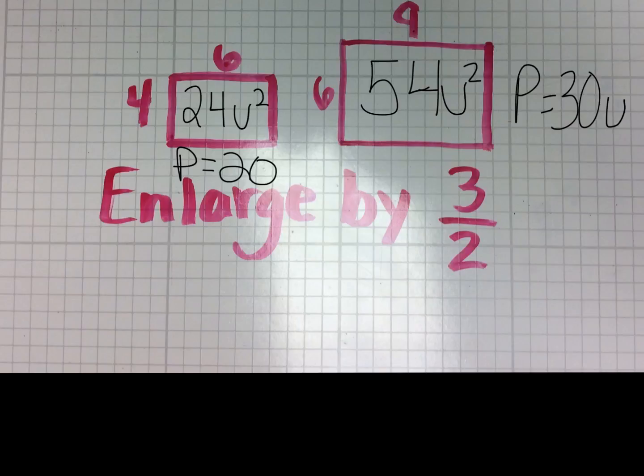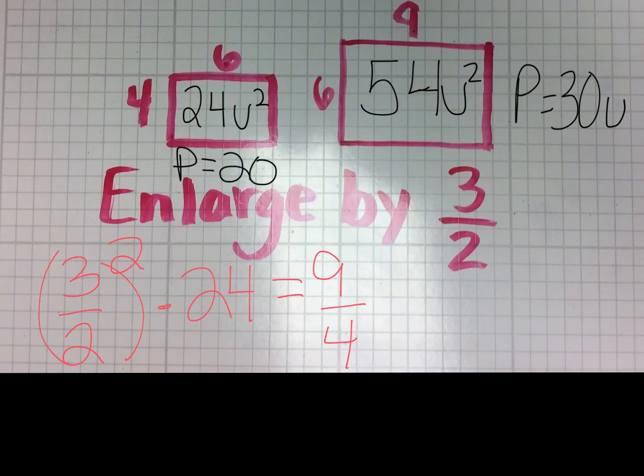So let's investigate with the area. So from our toolkit entry, it said we would have to take the scale factor and we would have to square it and then multiply it by the original area of 24. So we would get 3/2 squared, 3 squared is 9, 2 squared is 4.